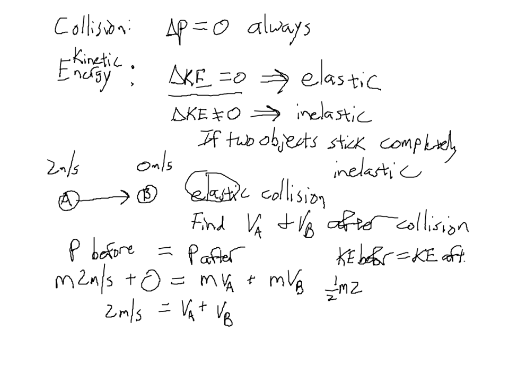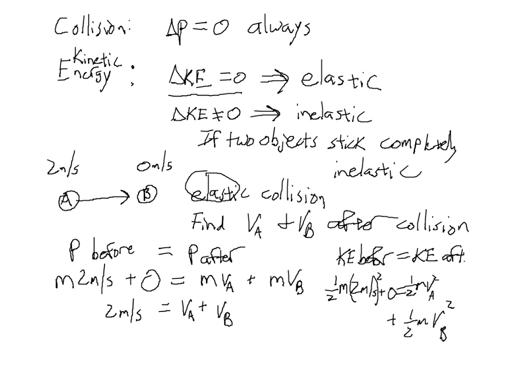Okay, so that's 2 meters per second squared, plus the kinetic energy of ball B before the collision. That's 0, because ball B isn't moving before the collision. That's equal to 1/2 m VA squared plus 1/2 m VB squared.